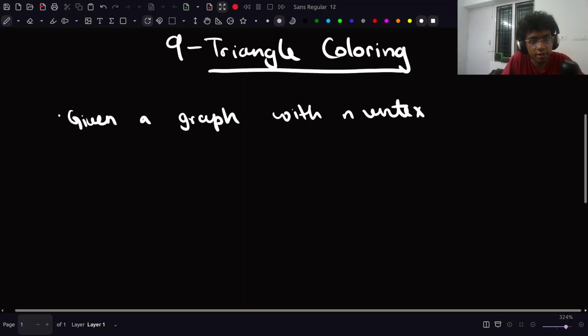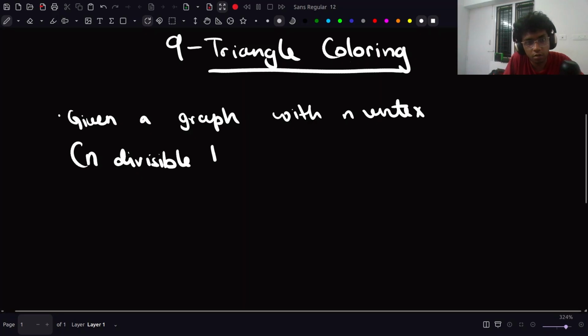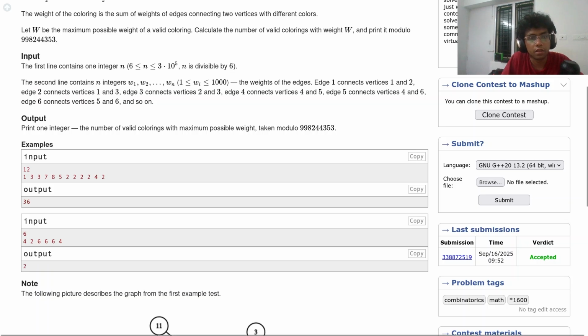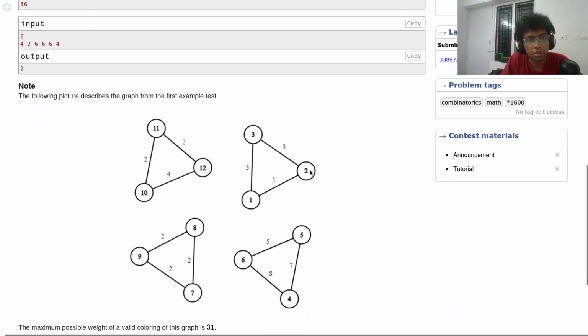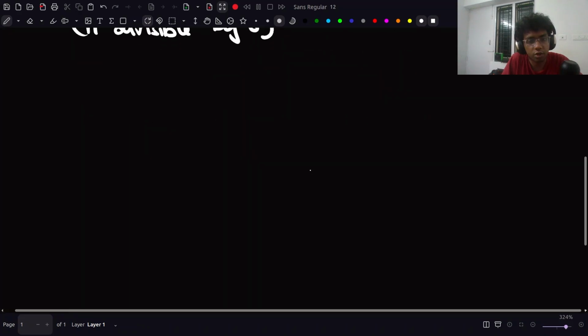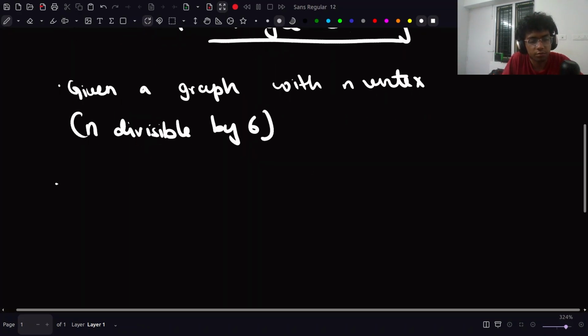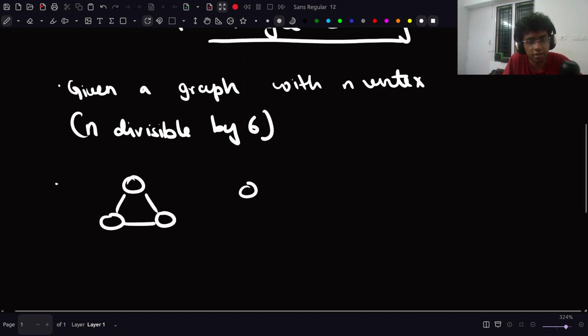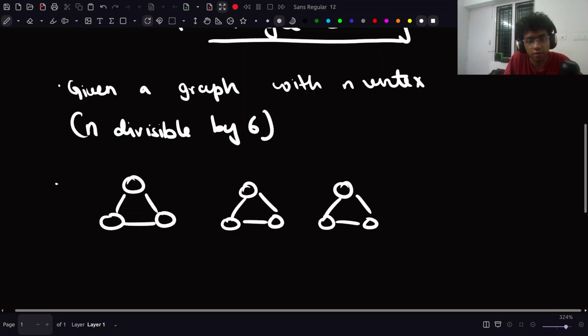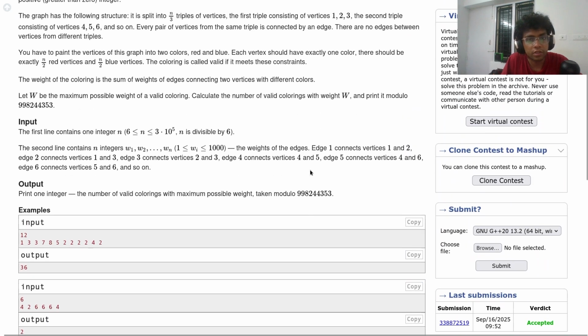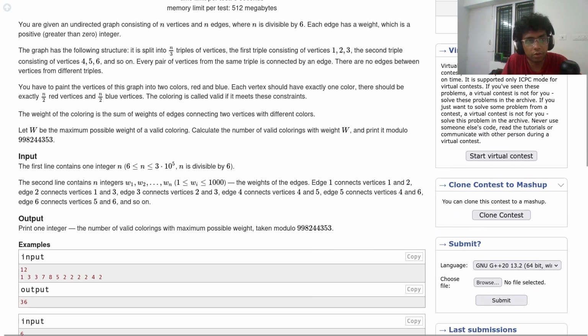Every three vertices are connected, so we have a structure like this, a bunch of triangles, and let's say we have these many triangles. Now we need to color half the vertices red and half the vertices blue.